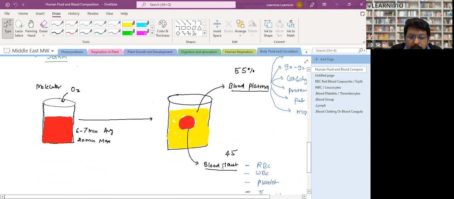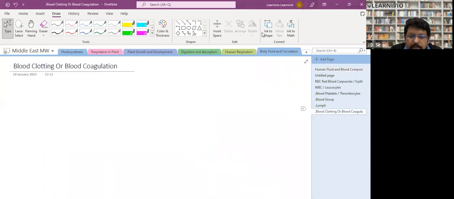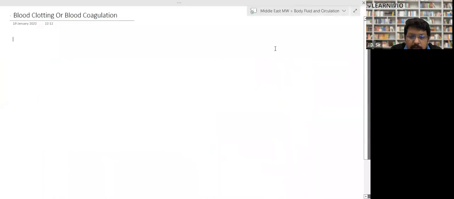The blood will change color. It gets divided into two parts, blood plasma and blood clot. This clot will make a thick covering for the injury. But at that time, I told you that I will explain in detail what blood clotting exactly is and how it takes place. So, is it clear what blood clotting is?